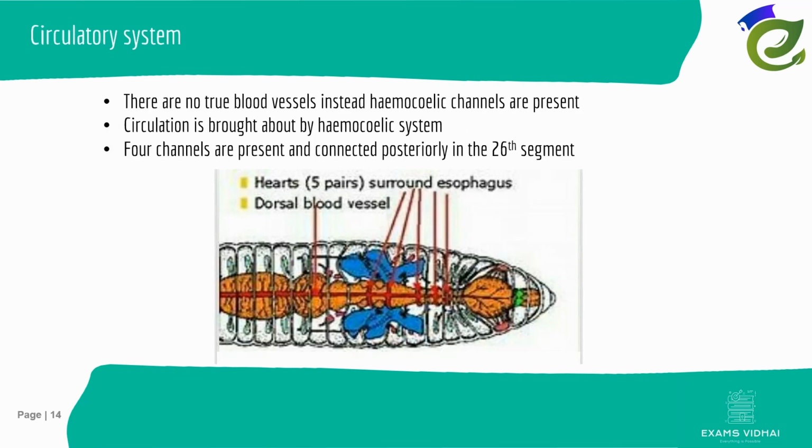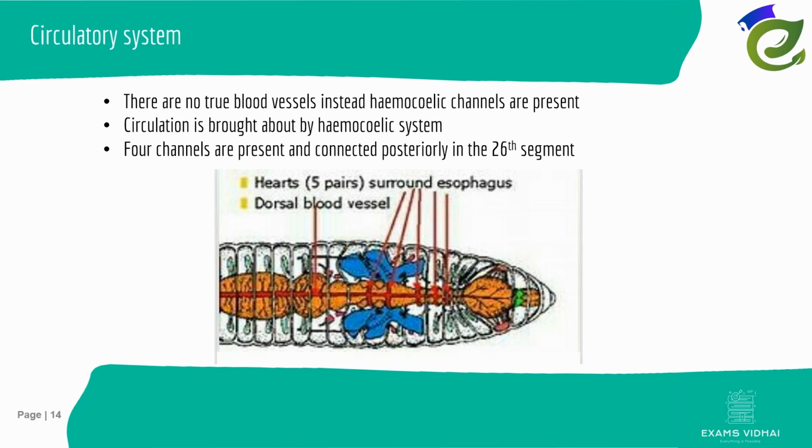Coming to the circulatory system, it is important to remember that there are no true blood vessels, and instead we have something called the hemocoelic channels. The blood vessels are replaced by these channels, which are canals filled with blood-like fluid.